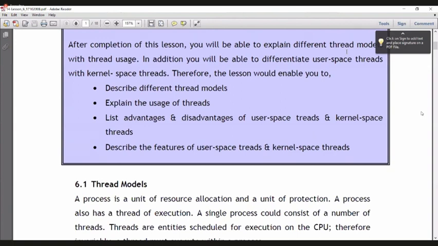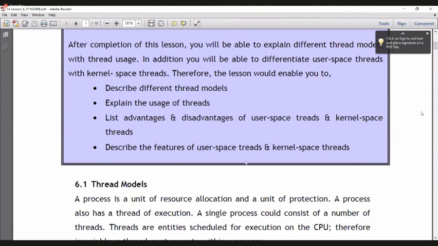In addition, you will be able to differentiate user space threads and kernel space threads. Therefore, the lesson would enable you to describe different thread models, explain the usage of threads, then list advantages and disadvantages between those two, user space threads and kernel space threads.